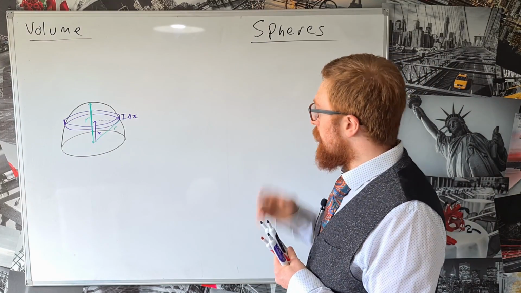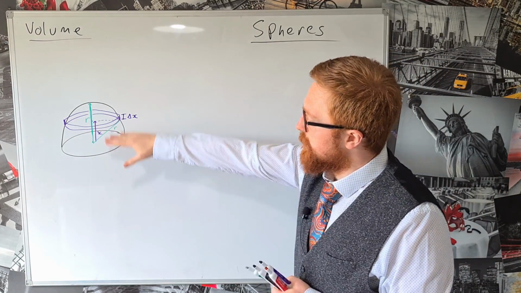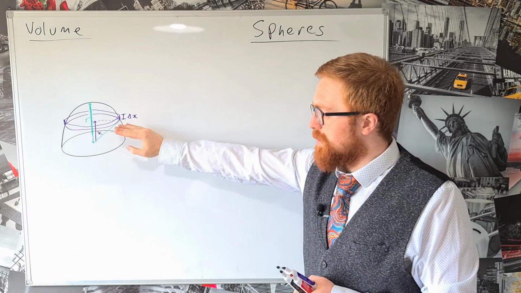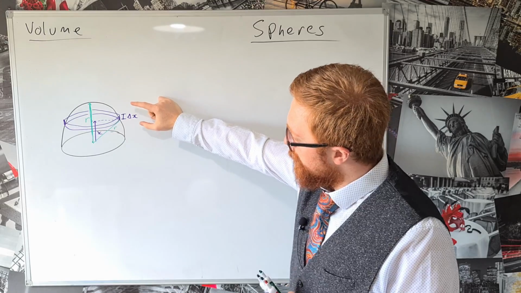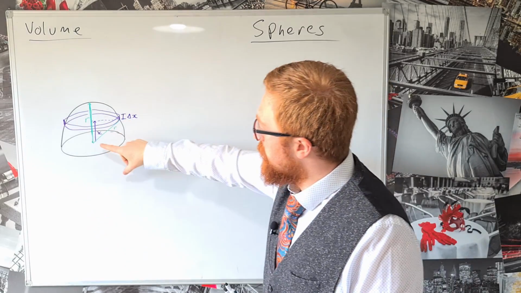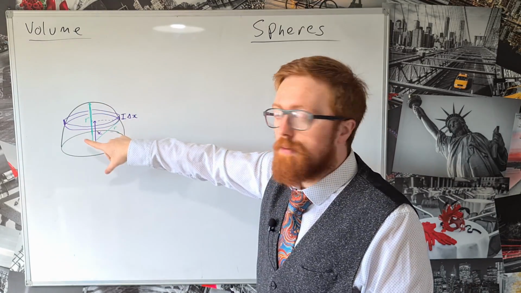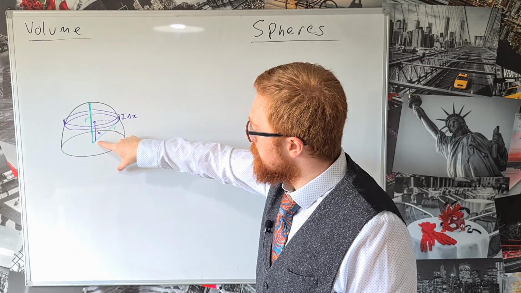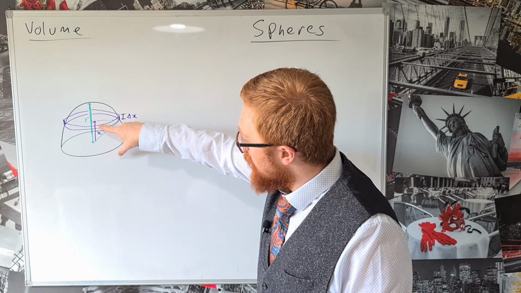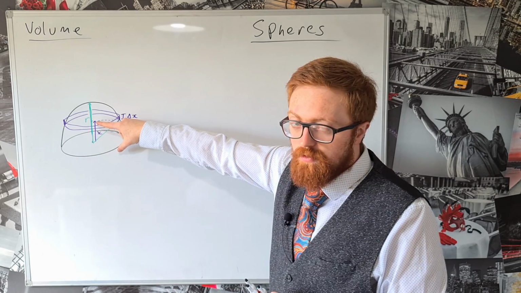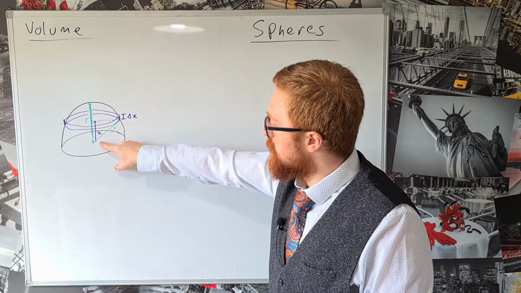Okay, so we said that our first step was to chop it into discs and calculate the volume of each of the discs. So what we're going to do is assume that the radius of the whole sphere is r, and the disc that we're splitting it up into and working out the volume of is x centimetres above the base of the hemisphere.